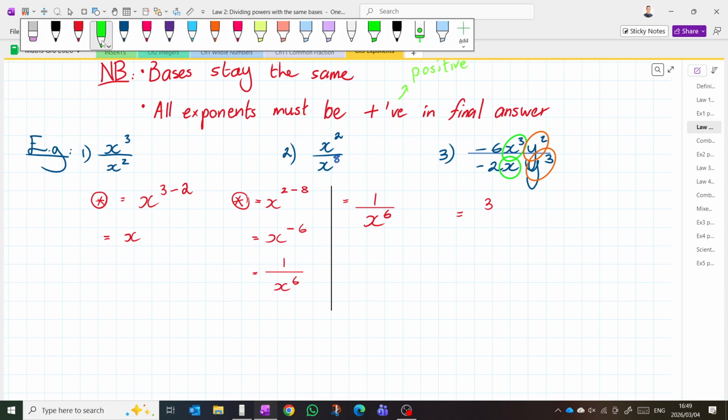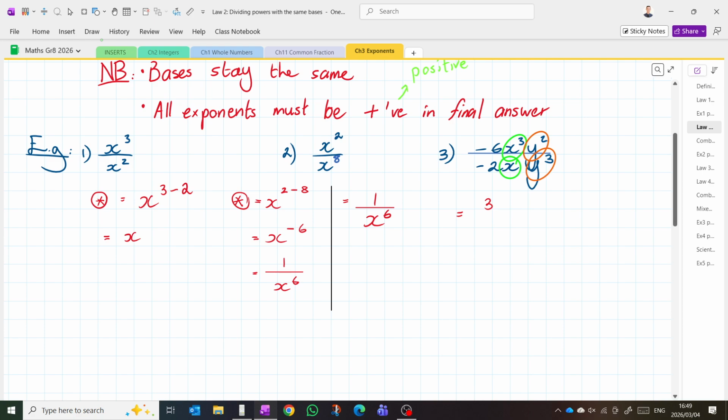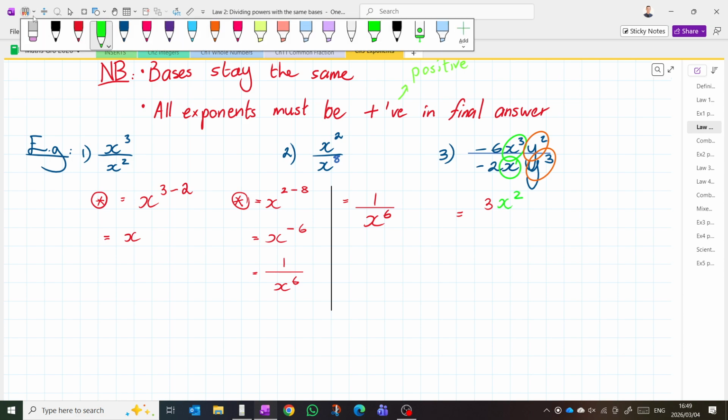So sticking to my colors again, x to the power 3 divided by x to the power 1. I'm going to subtract the smaller from the bigger. So 3 minus 1 is 2. My larger power is in my numerator, so I'm going to put the x to the power 2 in the numerator. Moving on to the y. We've got y to the power 2 divided by y to the power 3.